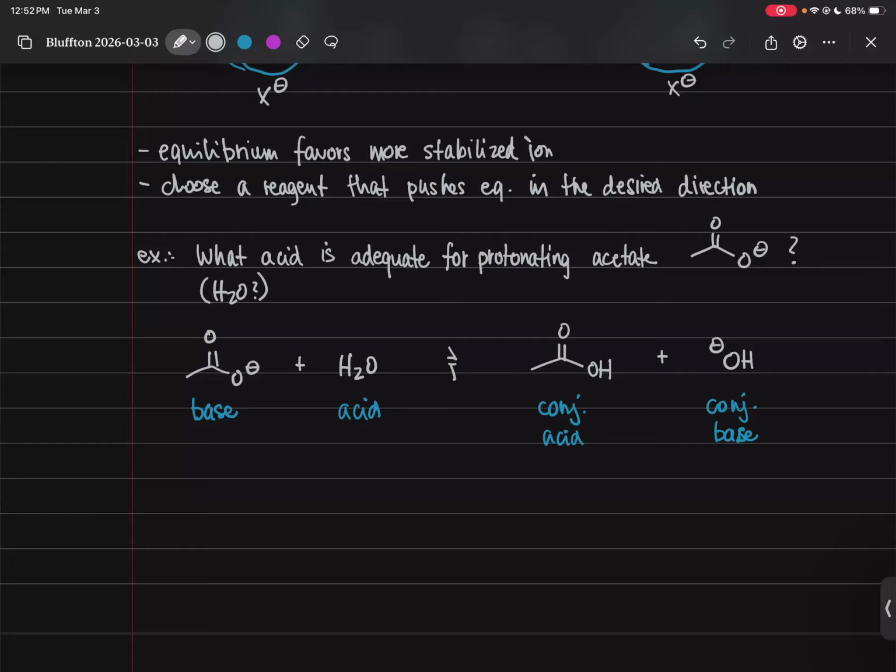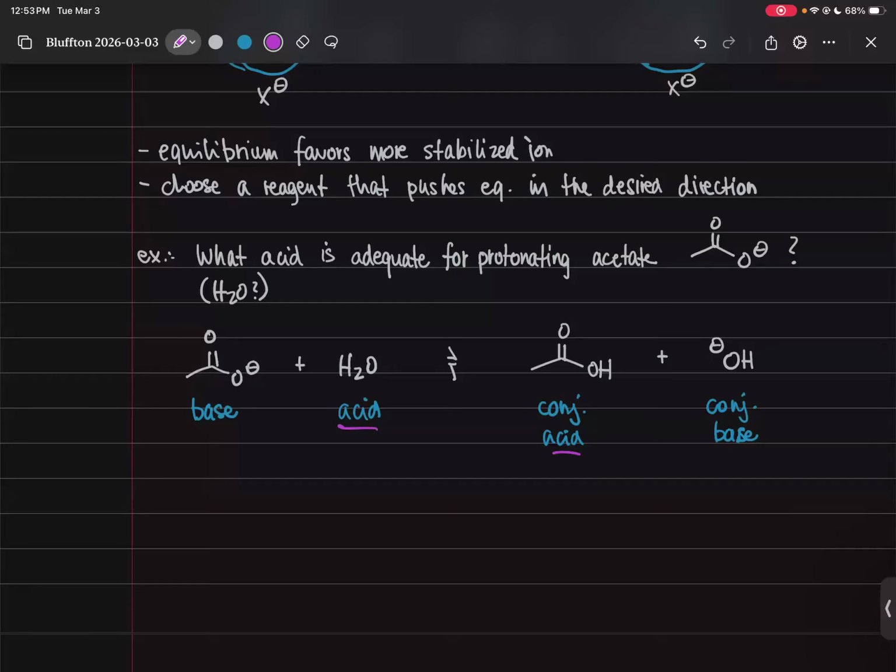So there's two ways that we could go about determining which side the equilibrium will lie on. The first is to look at the pKa table. When using the pKa table, we'll compare both of the acids. We'll look for the pKa values of water and acetic acid, compare those, and whichever is the weaker acid, the equilibrium will lie on that side.